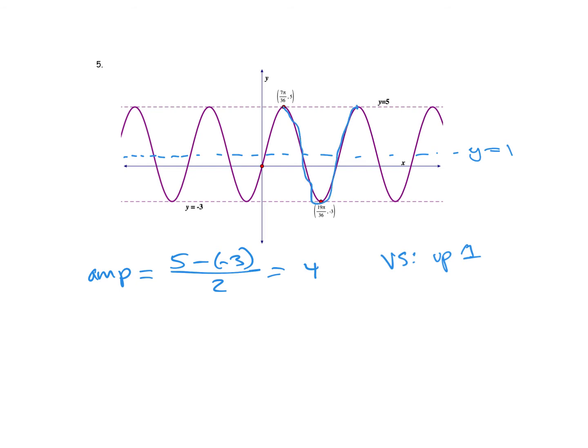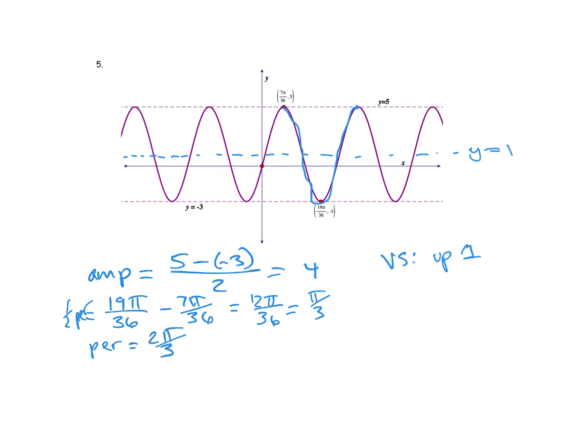So from 19 pi over 36 minus 7 pi over 36, that's half a period. That's 12 pi over 36, or pi over 3. So that was half a period, which means the period is going to be 2 pi over 3.